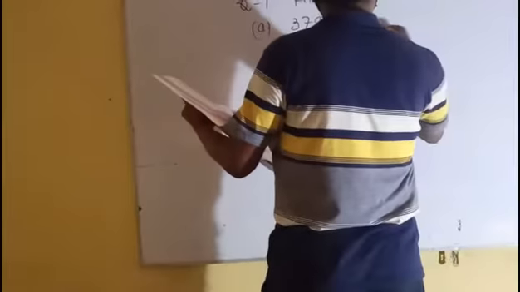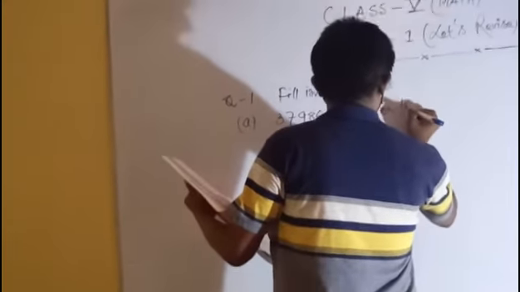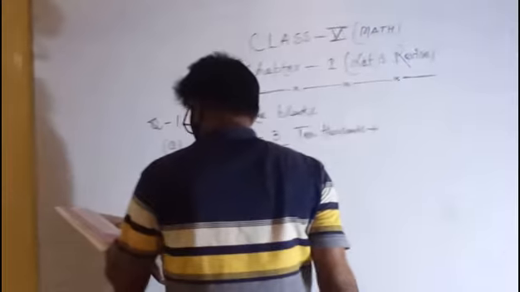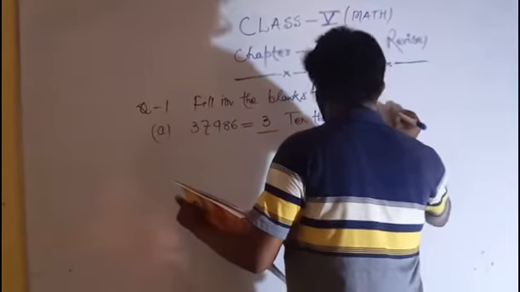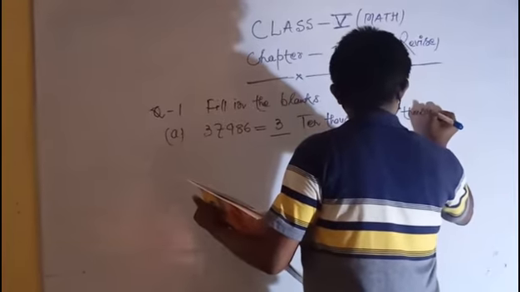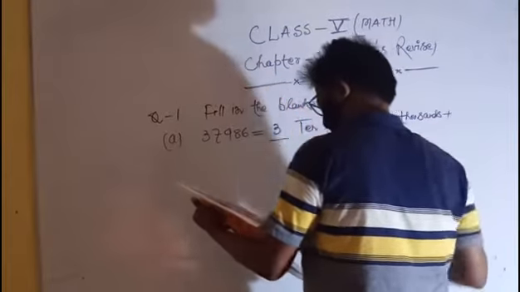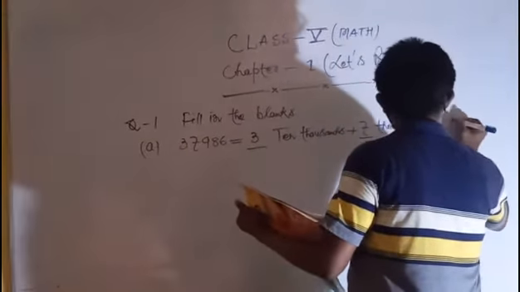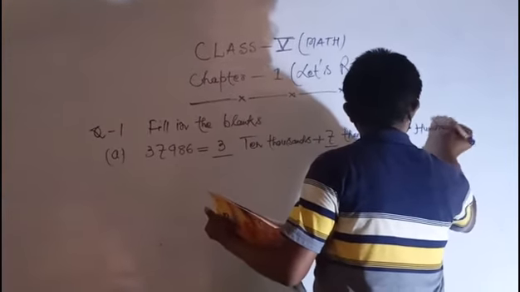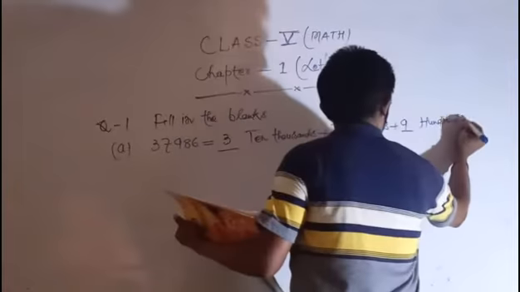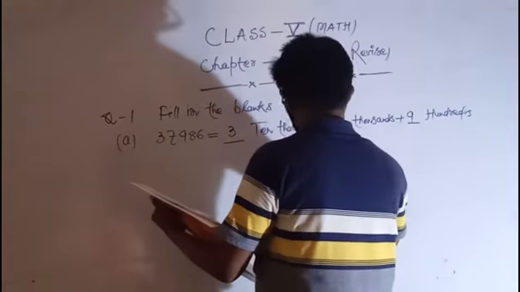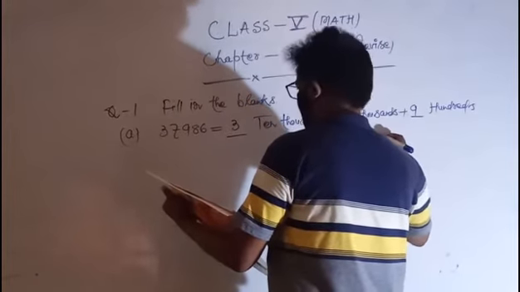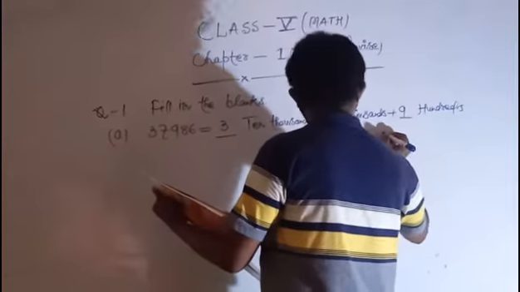Here 3 is 30,000 plus 7,000 plus 900 plus 80 plus 6.